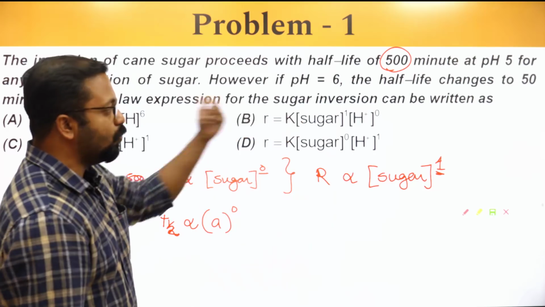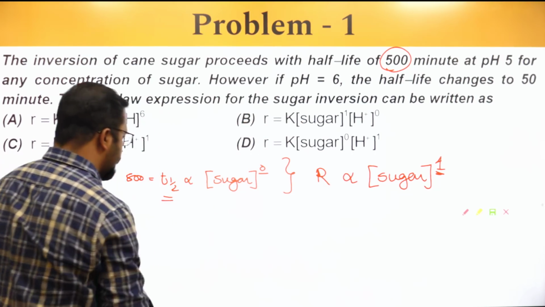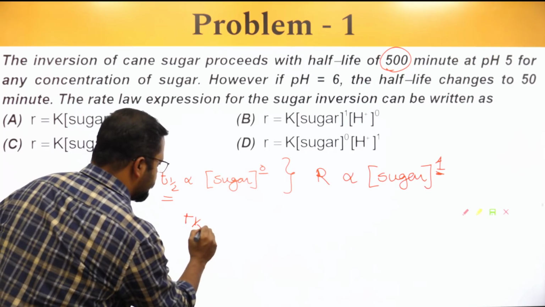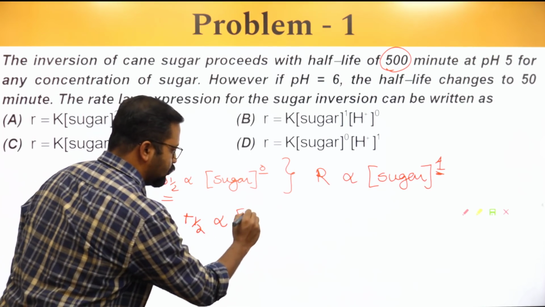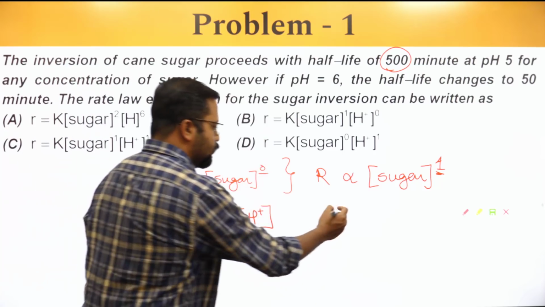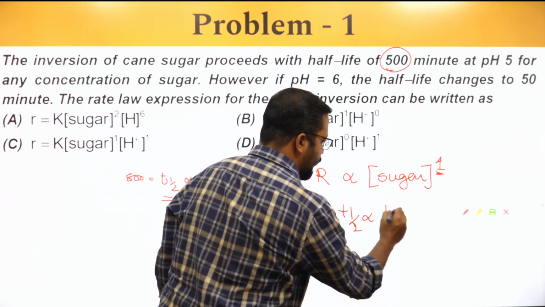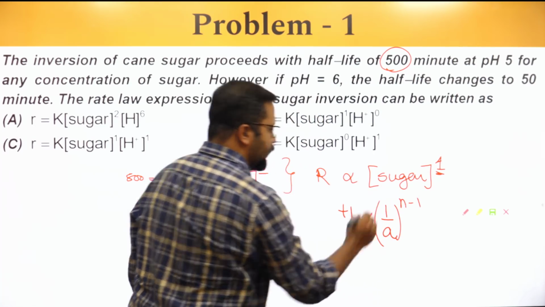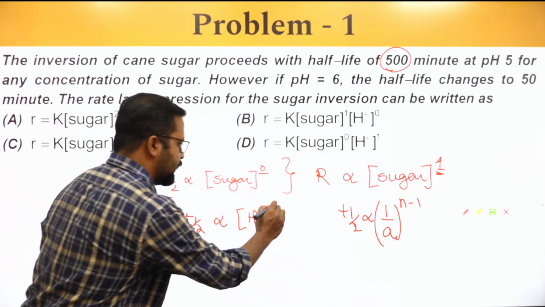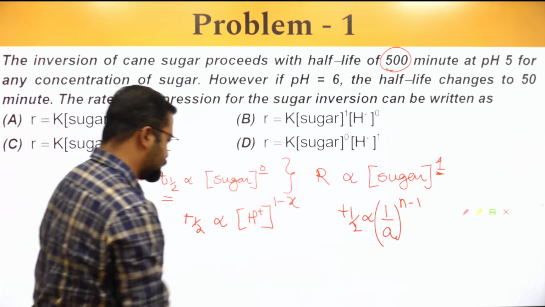If I now identify the order with respect to H plus, what I should do is this: T half is proportional to H plus ion concentration, and I know that T half is proportional to 1 by A to the power n minus 1. So with respect to H plus, it is power 1 minus x.